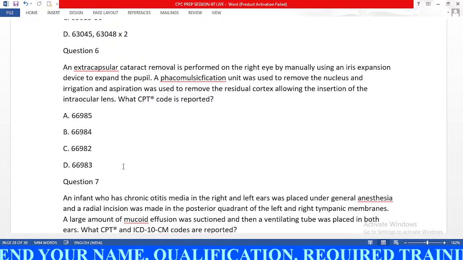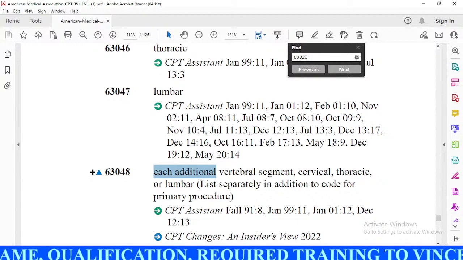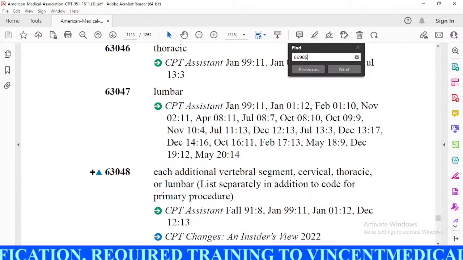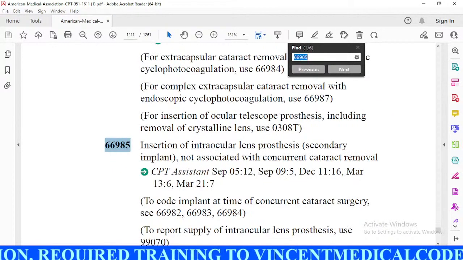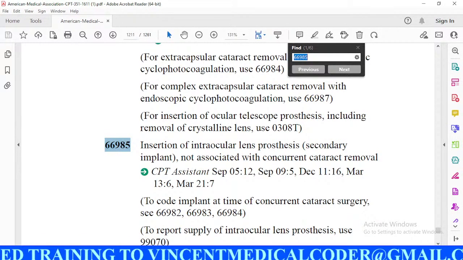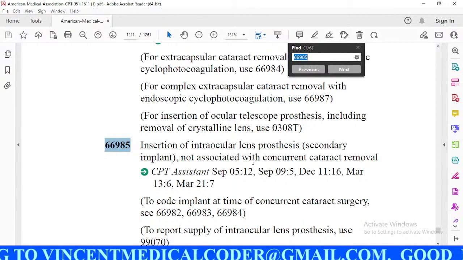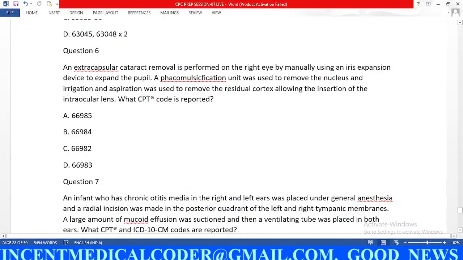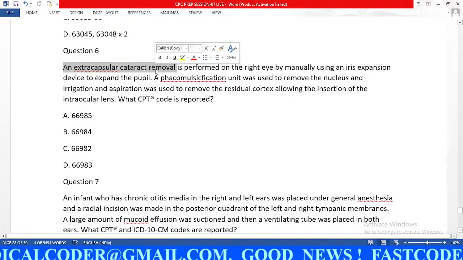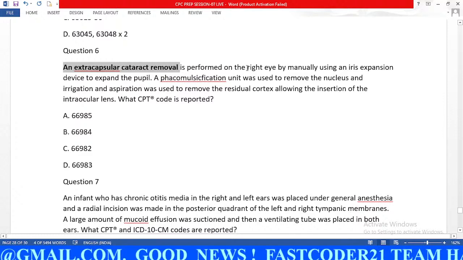So first we will check 66985. What is this? Insertion of intraocular lens process not associated with concurrent cataract removal. So here our keywords are extracapsular cataract removal and also laterality, right eye.